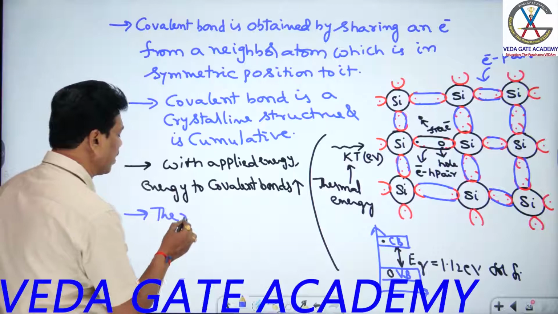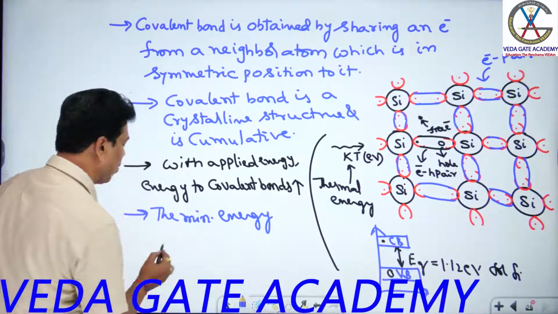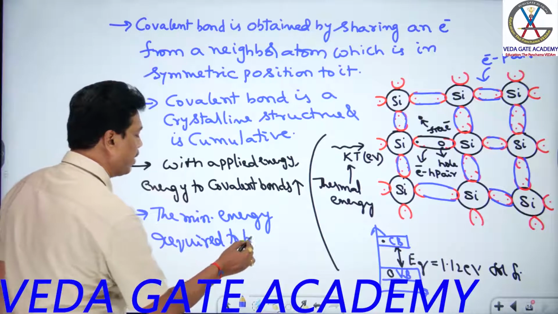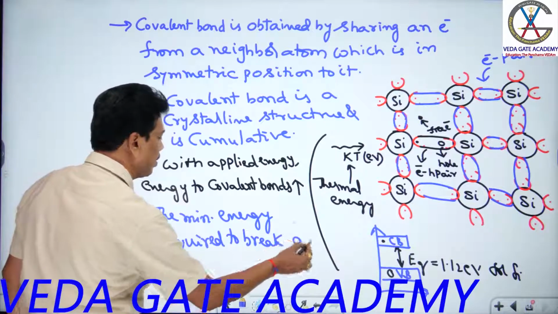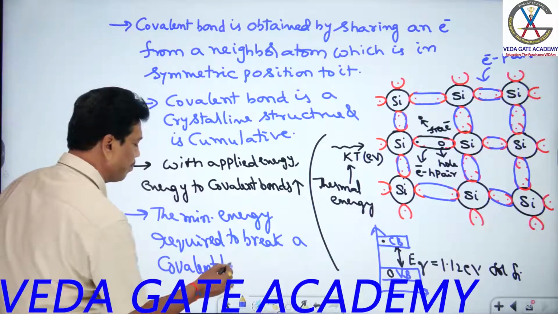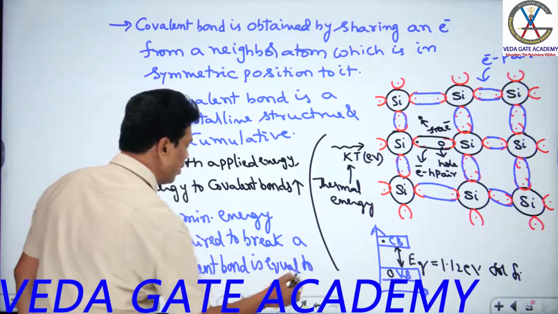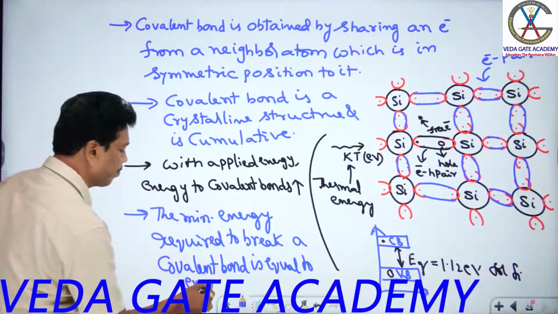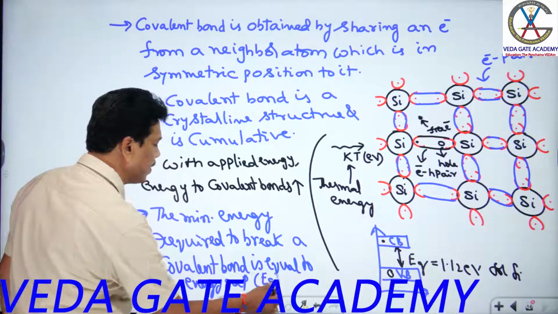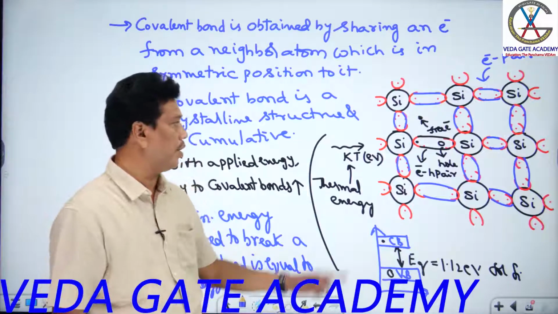The minimum energy required to break a covalent bond is equal to the energy gap, which is around 1.12 electron volt for silicon at room temperature.